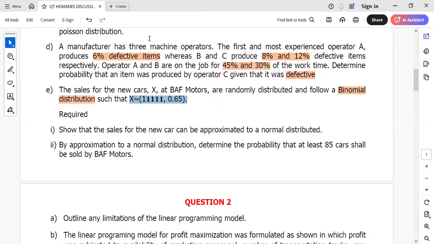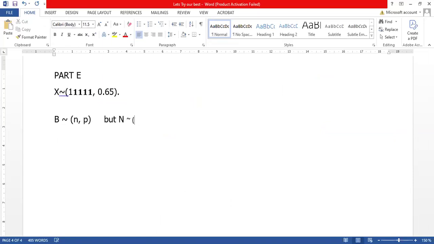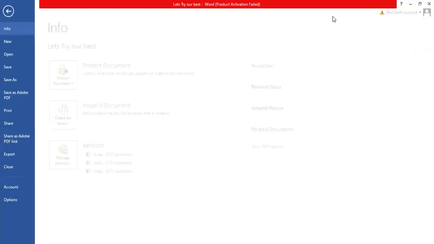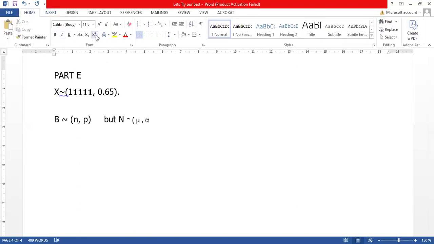Remember, normal distribution follows a mean, that is mu, followed by the variance, sigma squared.